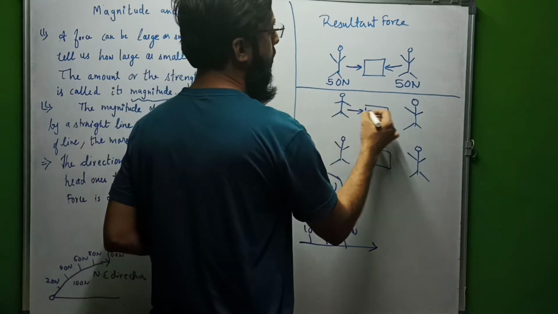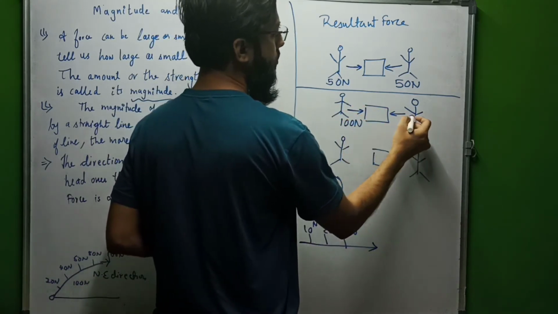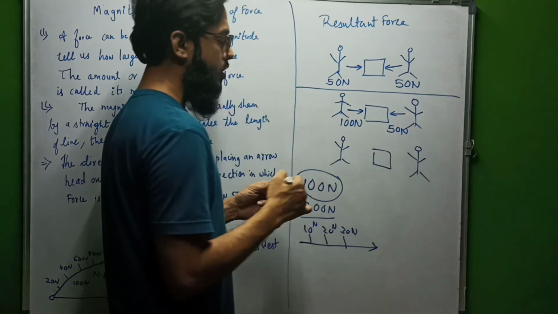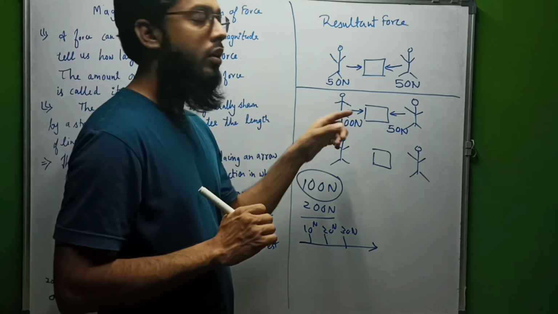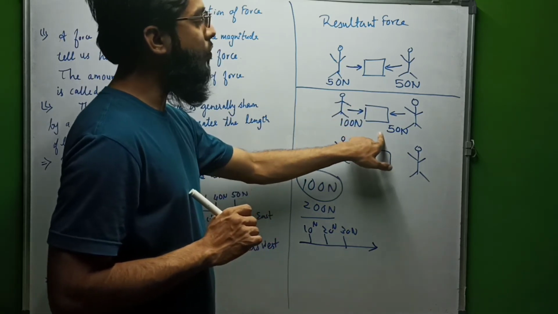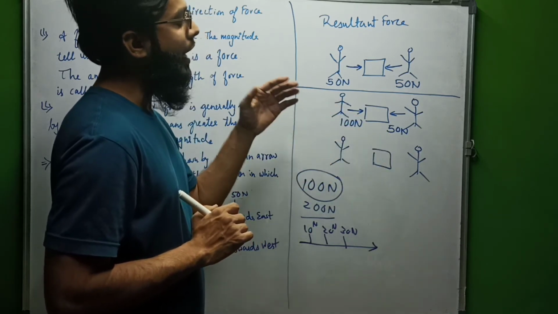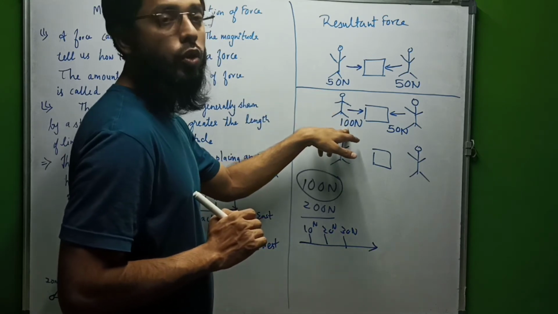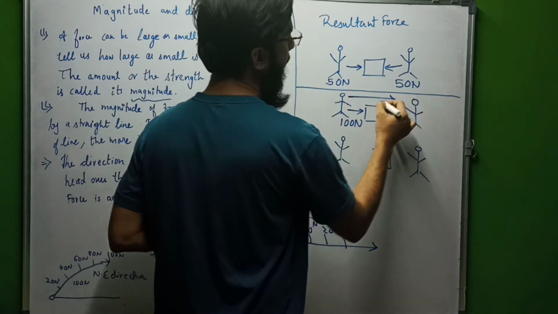And if one person is applying 100 Newton of force and the other person is applying 50 Newton, then obviously the direction of the resultant force will be in the direction of the first. We have to take the difference, 100 Newton minus 50 Newton. What's the difference? 50 Newton. The resultant force will be in the direction of the greater force, which is the east direction.